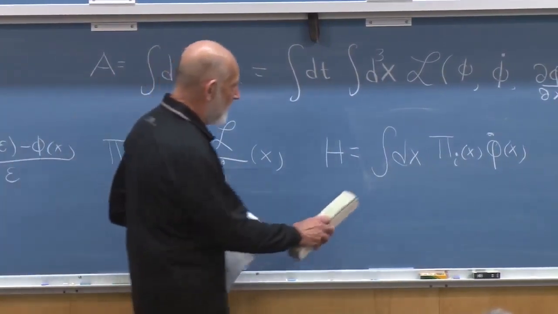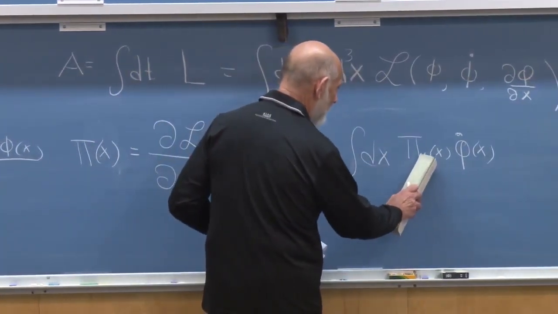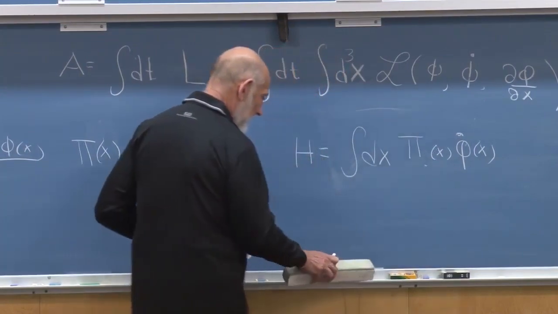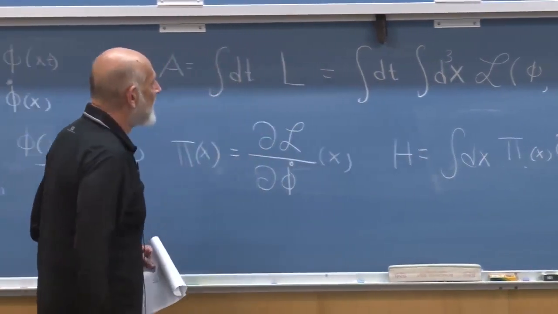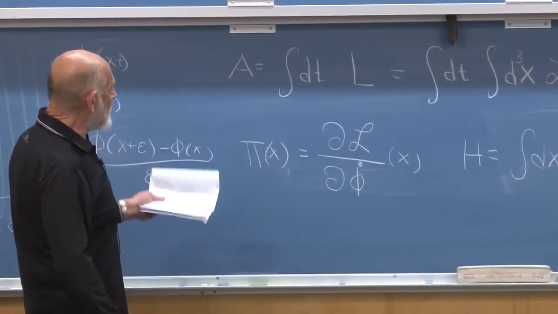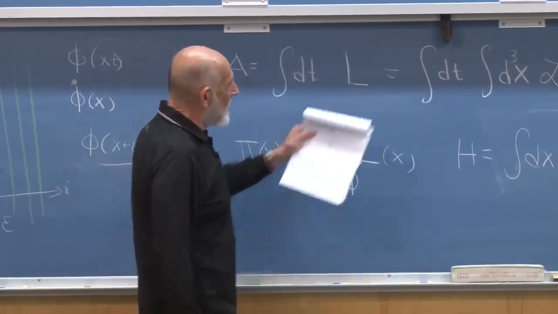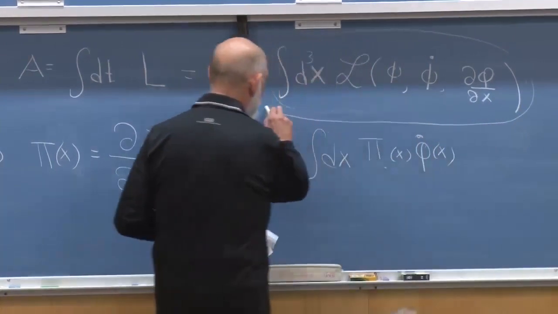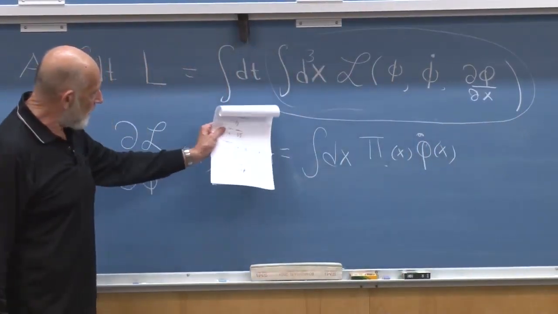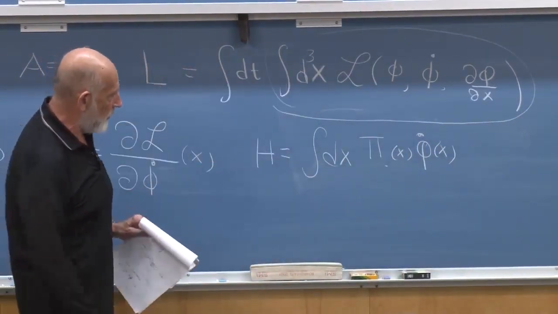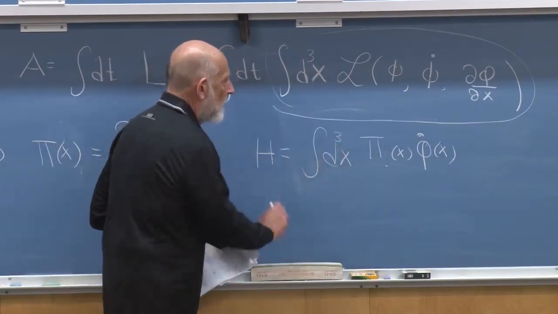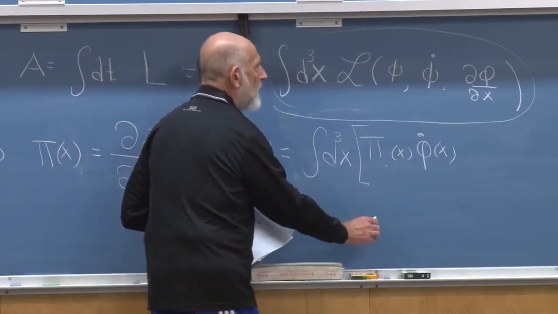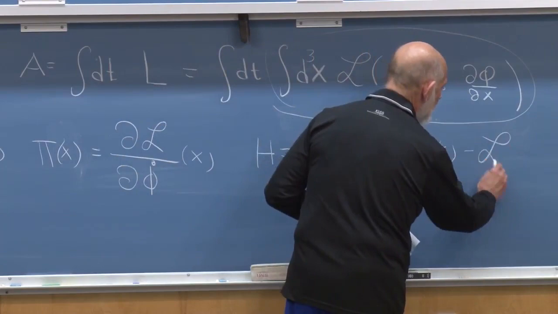No I. That's redundant, good. No I. Now we have to subtract off the total Lagrangian. But the total Lagrangian is just this thing here, which is also an integral. So under the integral d cubed x, we have to subtract off the Lagrangian density.